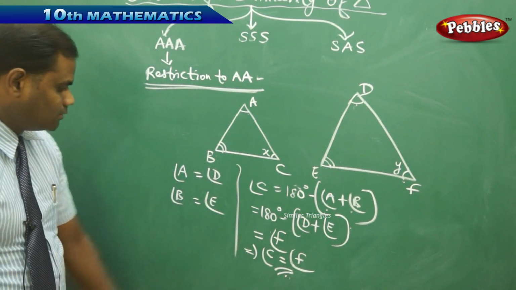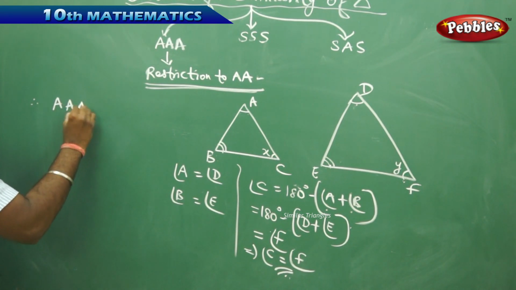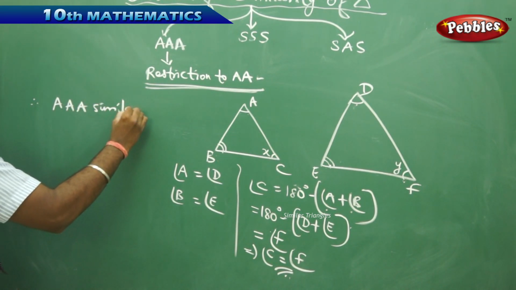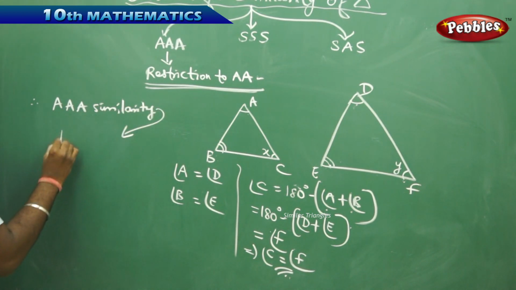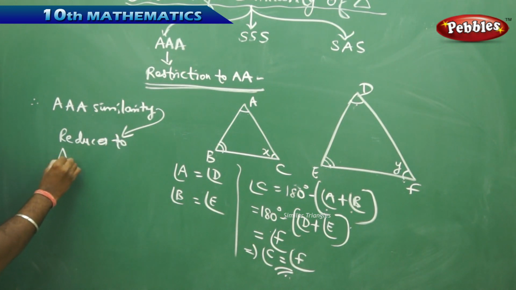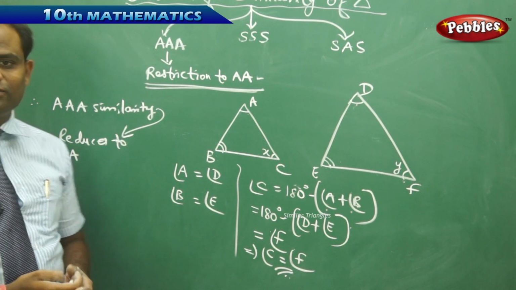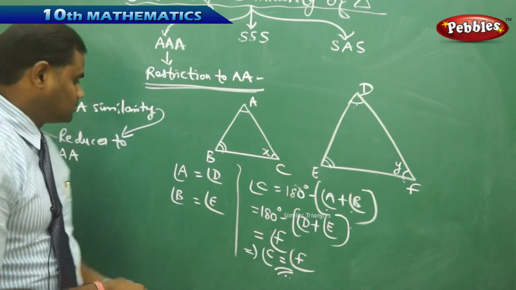So this proof makes us understand that triple A similarity reduces to understanding that if the double A similarity holds, then the whole of the properties of the triple A criterion hold.